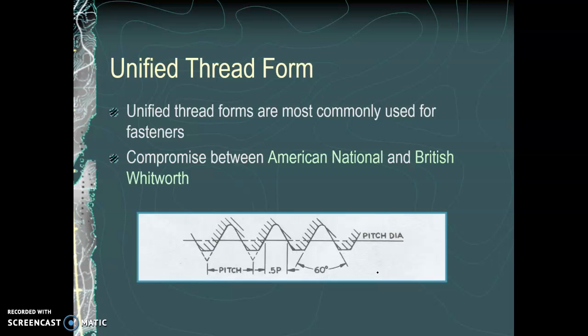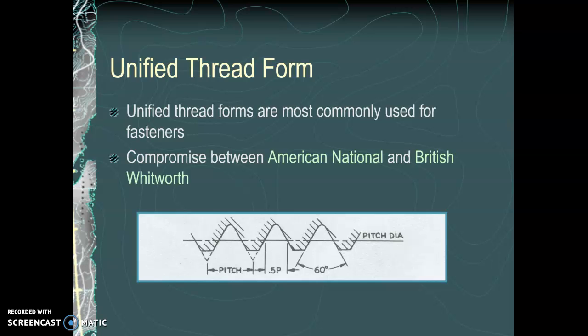And this unified thread series was developed in 1948 and is essentially a compromise between two older threads that had been used earlier, the American National and British Whitworth threads. So this is sort of a compromise or combination of those two threads. And this is what we use primarily in the US, with the possible exception of metric threads.